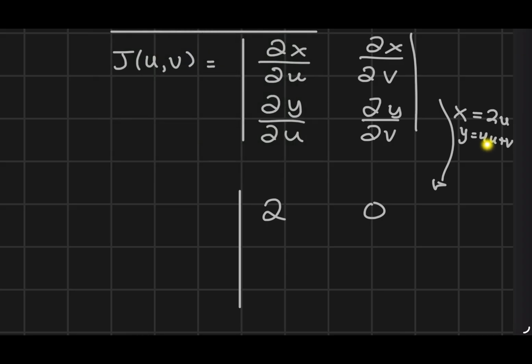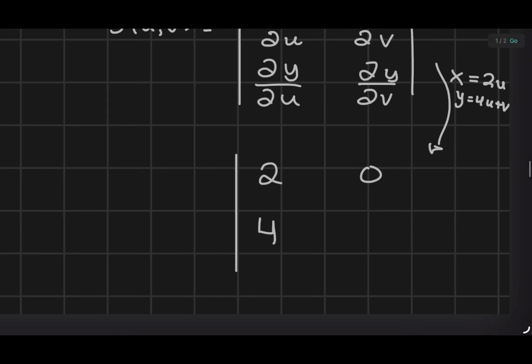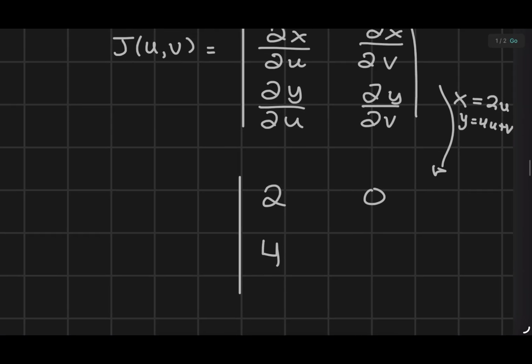We have that 4u right there. That v is treated as a constant. Therefore, we're taking the partial of 4u plus v with respect to u. That is going to be 4. Similarly, partial of y with respect to v, that's the v right there. The 4u is treated as a constant. Therefore, this is just going to be 1.